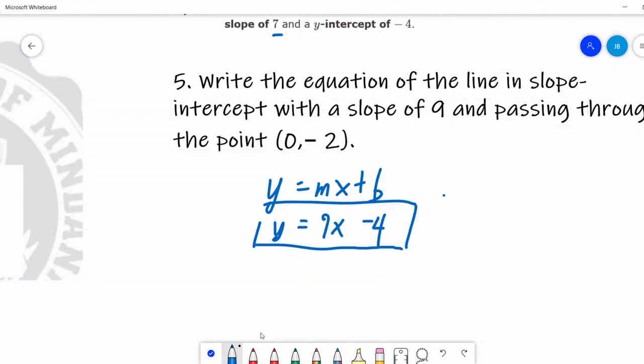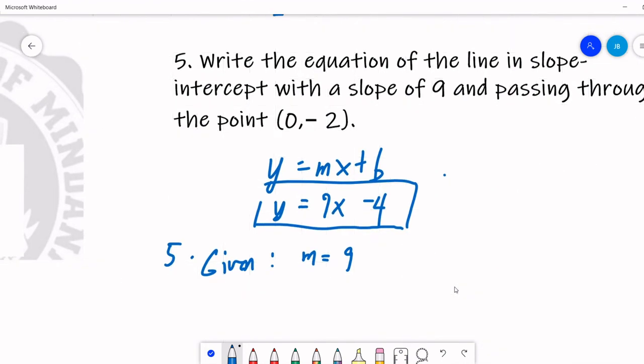Okay, for number 5. Write the equation of the line in slope-intercept form with a slope of 9 and passing through the point (0, negative 2). So the slope is equal to 9, and it's passing through the point (0, negative 2).